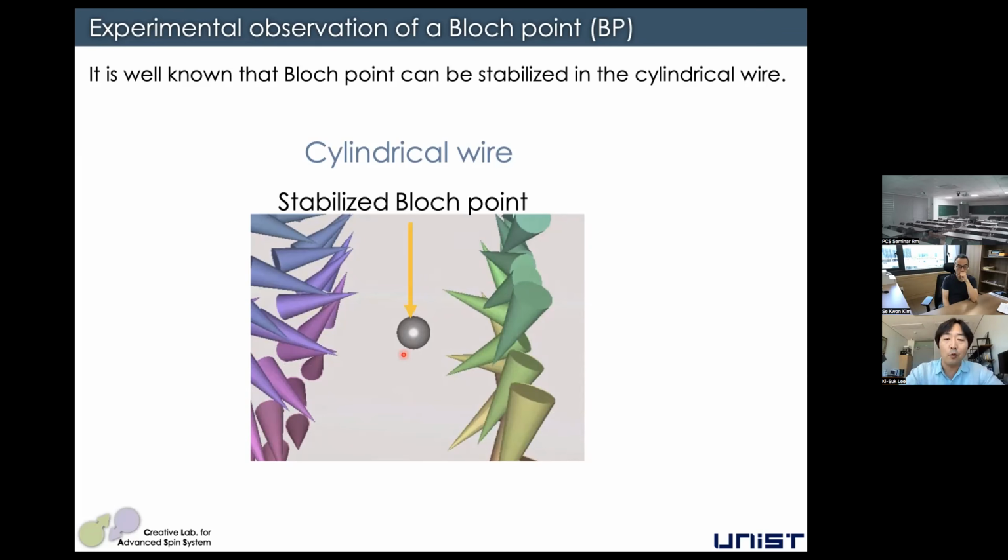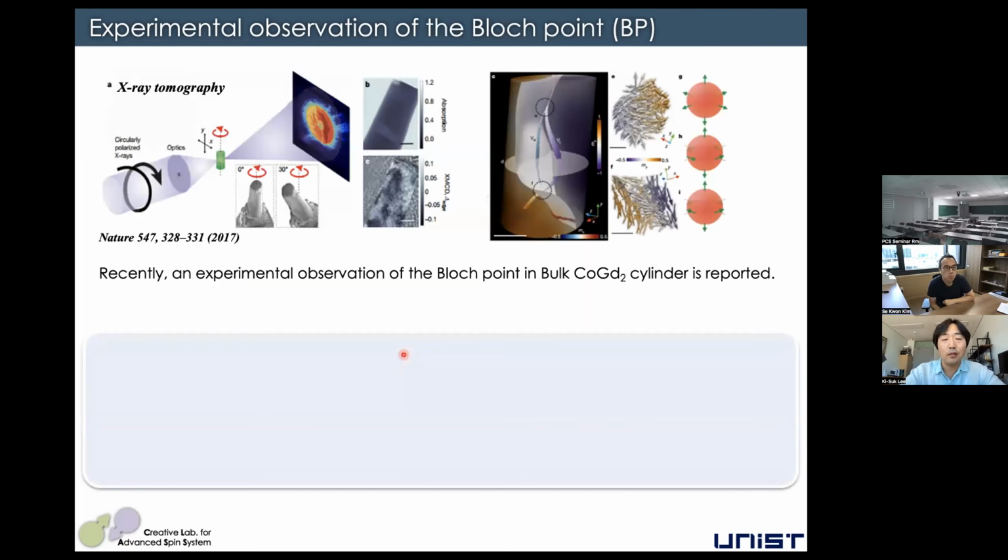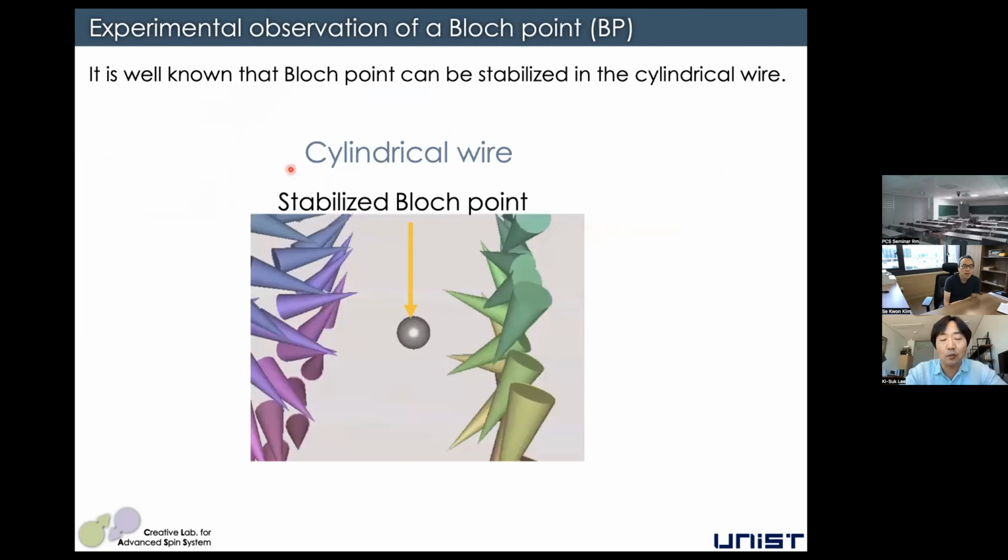So now we think about a simpler system that is easier to measure. Here is one attempt to measure the Bloch point. They measured the three-dimensional configurations inside the wire, and they found a very complicated structure, not a uniform domain wall structure.